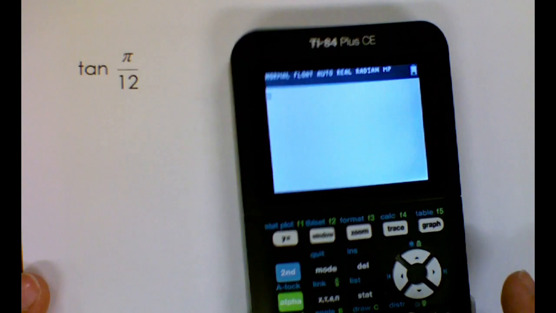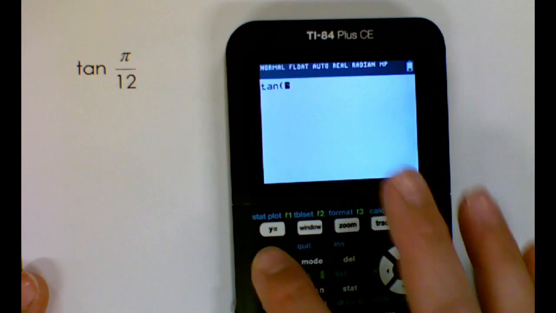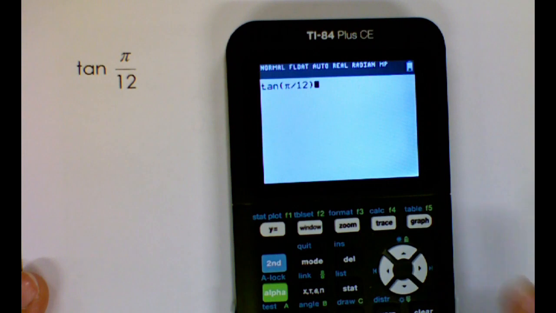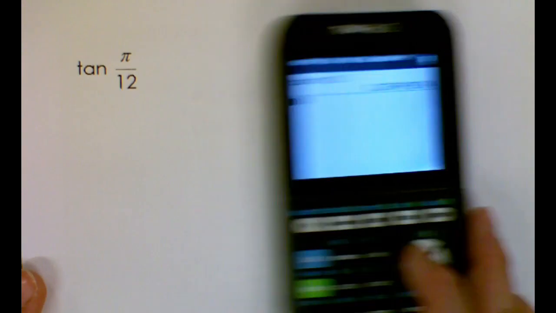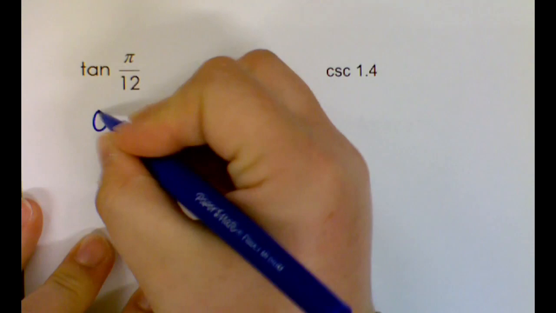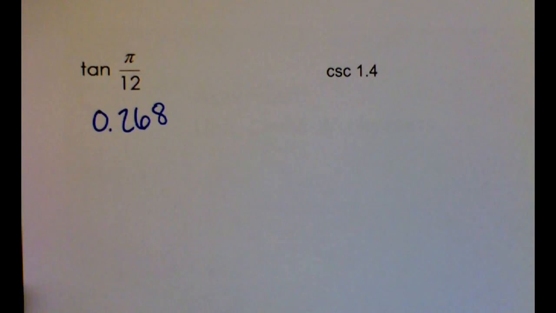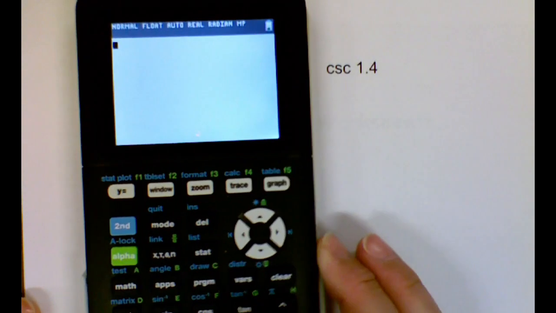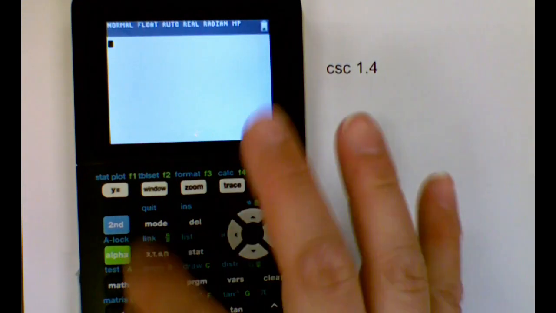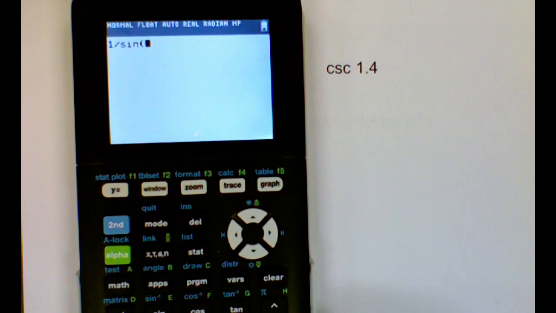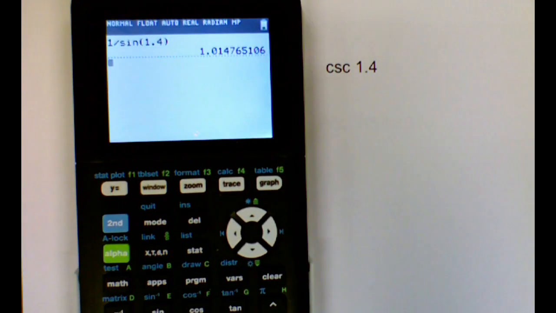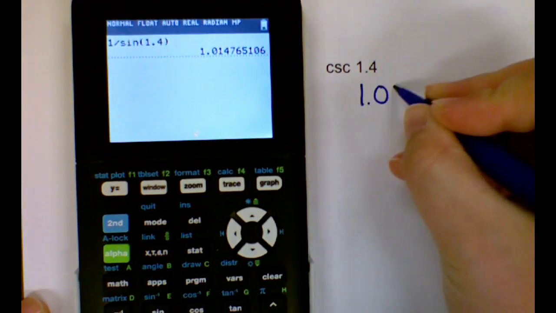All right, so I take my calculator, tan, second pi divided by 12, 0.268. Cosecant corresponds to sine. 1.4 is a radian measure also. So 1 divided by sine of 1.4 gives me 1.015.